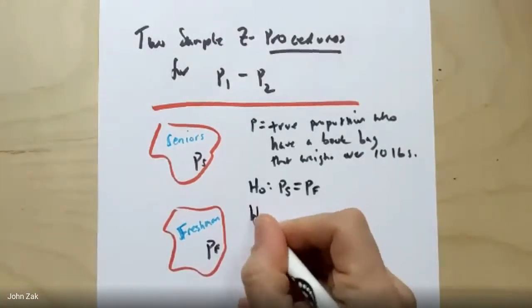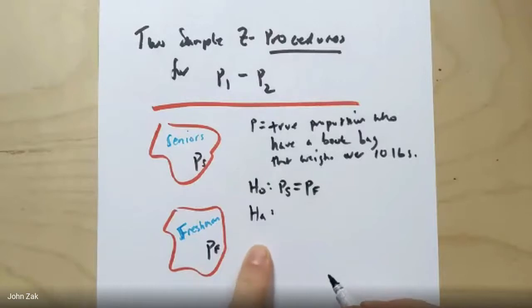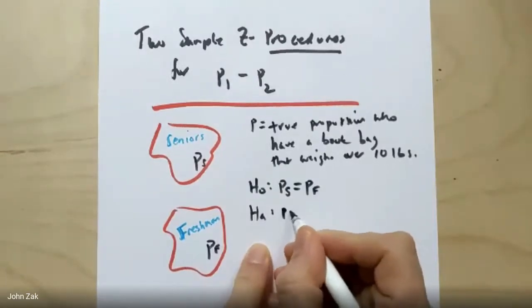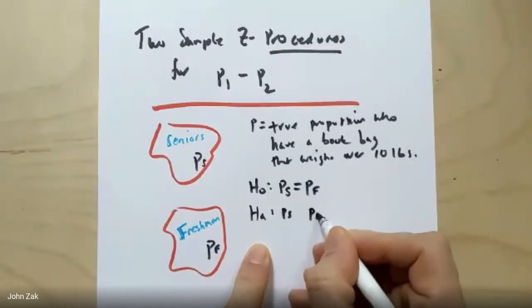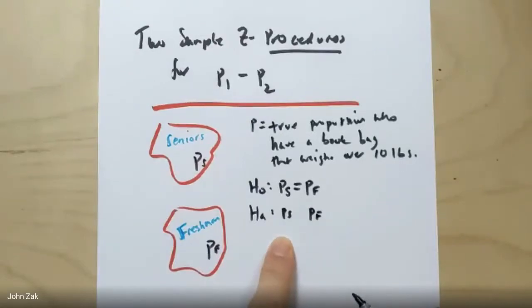And then which would be the most logical alternative? I would say this is in fact a less than situation. We would assume that seniors would be less than the freshmen.